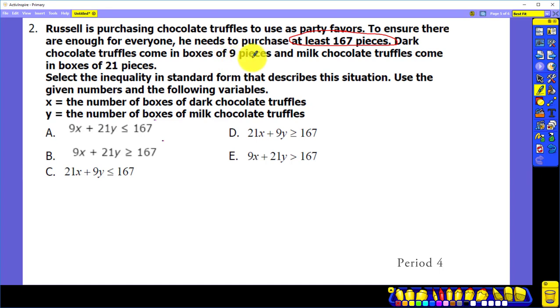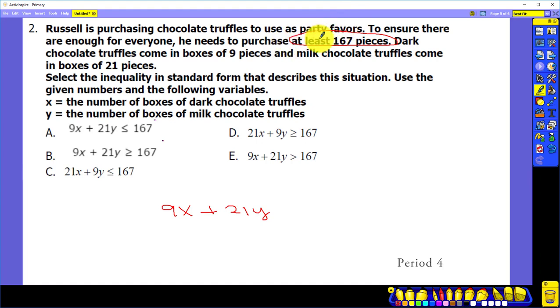Dark truffles come in boxes of 9 pieces, and milk chocolate truffles come in boxes of 21 pieces. Alright, so we have here x is the number of dark and y is the number of milk truffles. So it's safe to say you can have here 9x, and then for the milk, 21y.